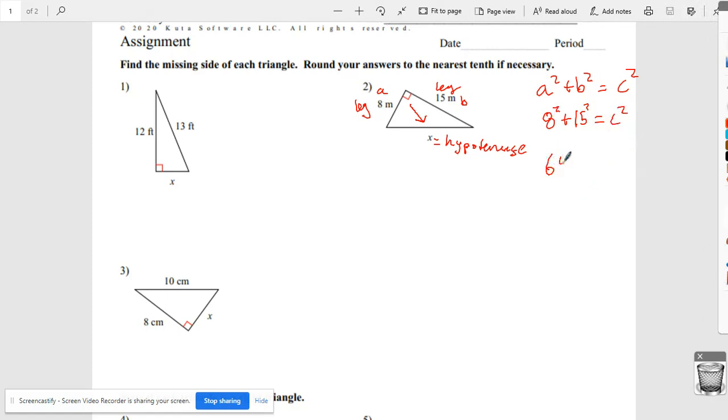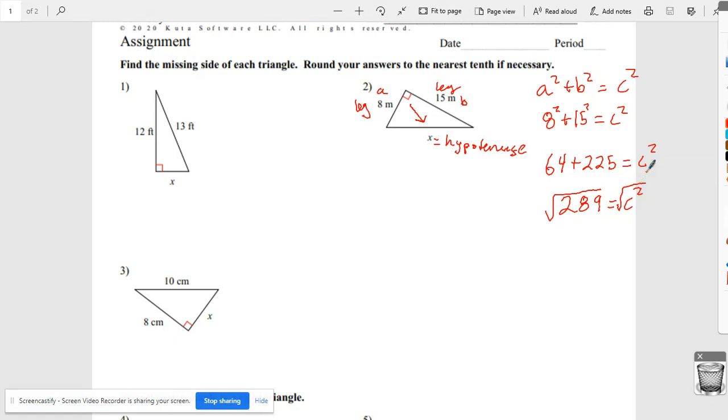8 squared is 64 plus 15 squared is 225. We know that that has to equal c squared. So now we add them together. 225 plus 64 gives us 289, c squared. Now to solve for c, we're going to need to take the square root.